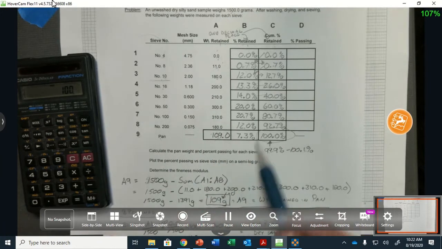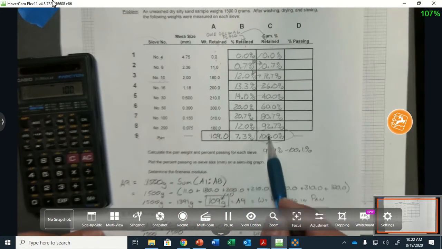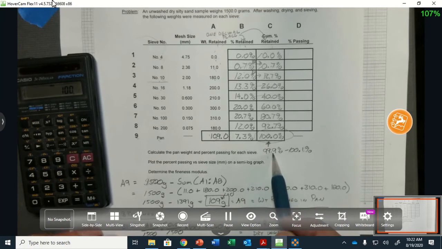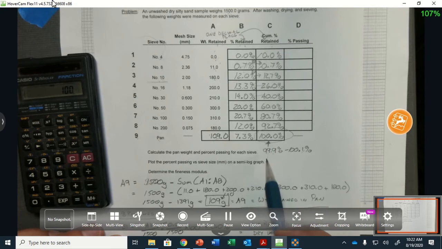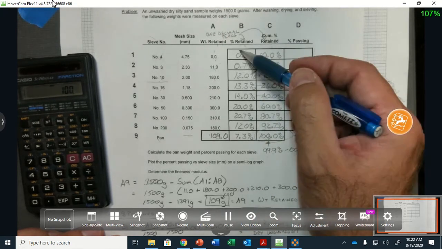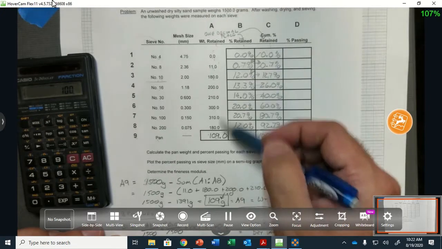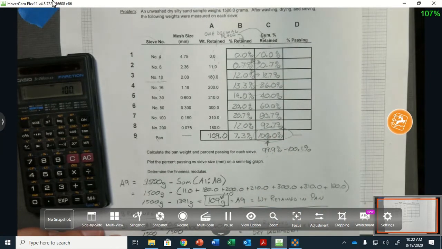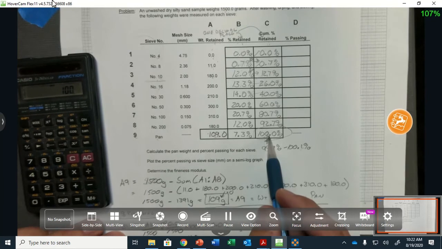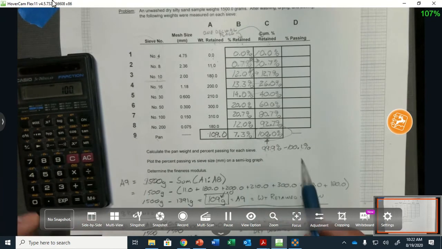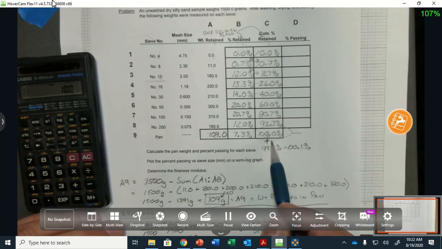This is a math check that I did my math correctly. If this number is not between 99.9% and 100.1%, you did something wrong. So I want you to actually write the number you get right there. That is a check. If that happens, you're going to erase everything and start over because you made an error somewhere. Okay? So that's how you do cumulative percent retained.